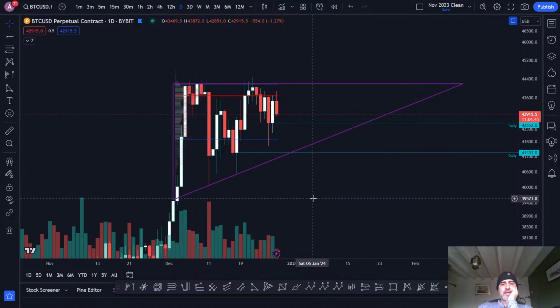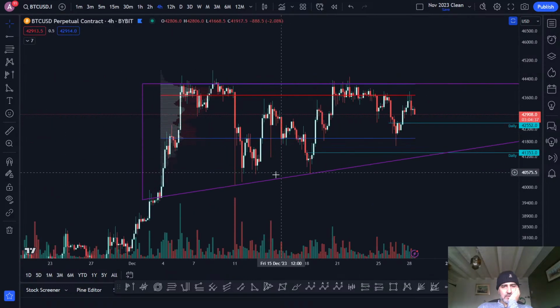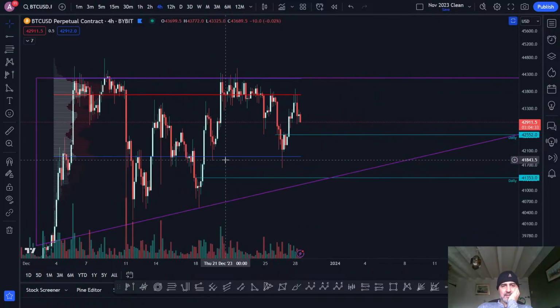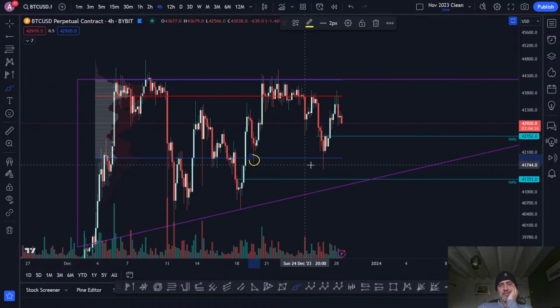So I thought maybe, you know, like I took this long here. This is SFP. It was an SFP of this low here into the value area. This pivot here, and took that long.